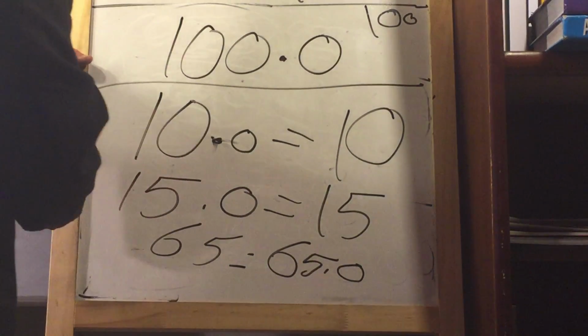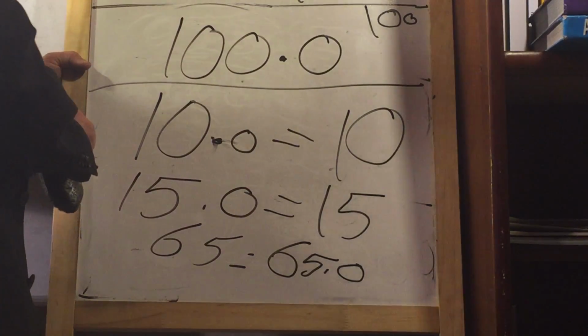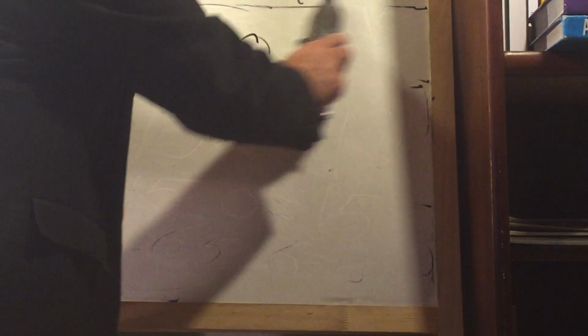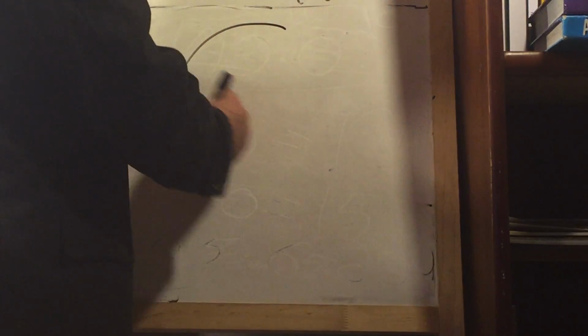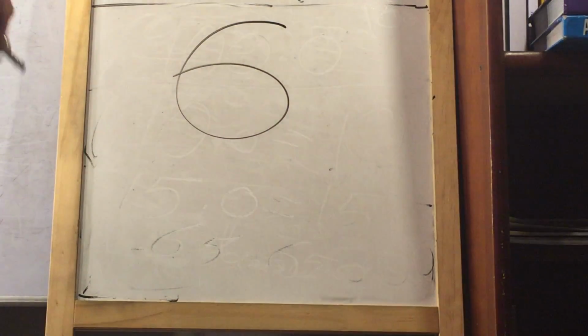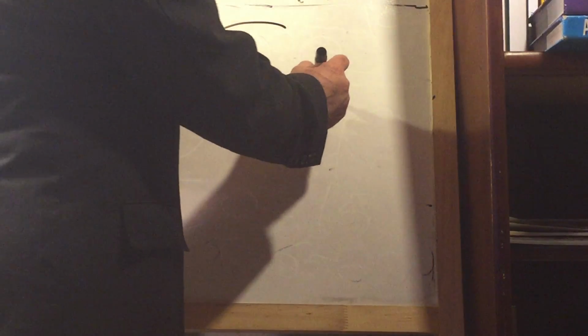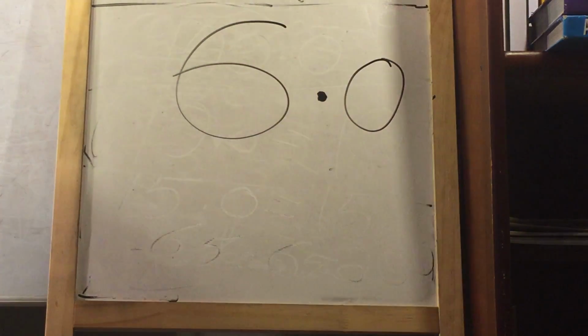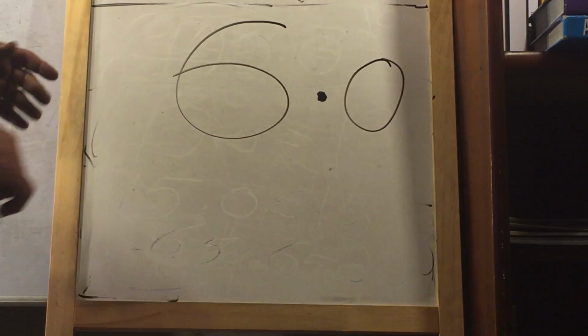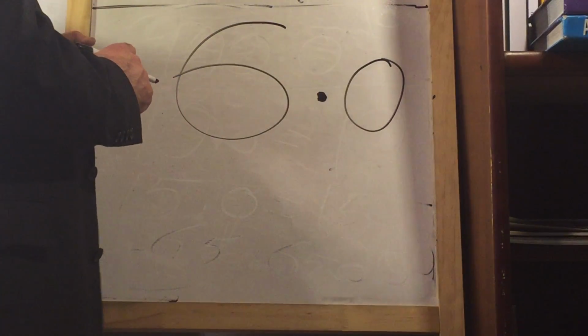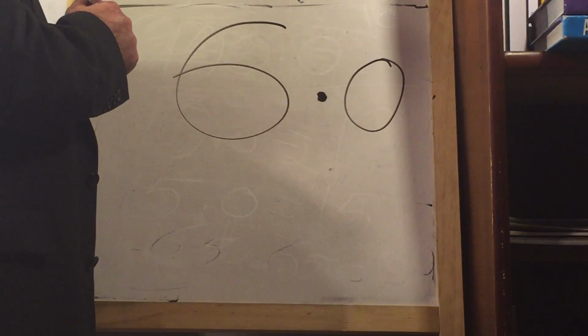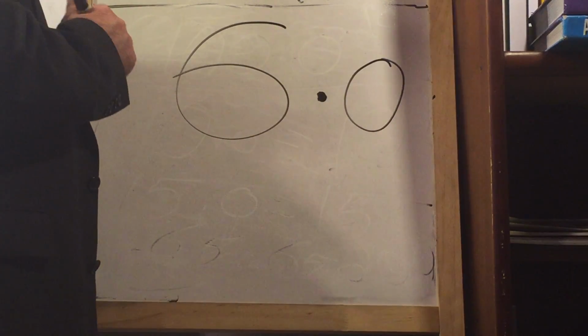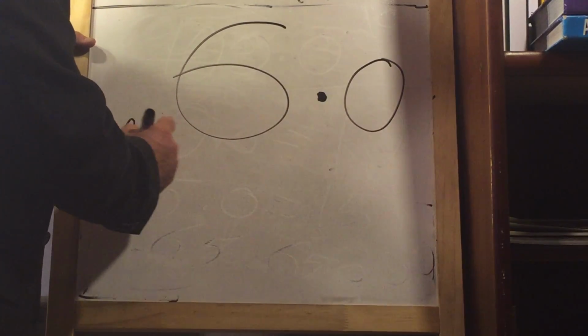So that's the first point. All right. Now, the second point I want to show you is if we have a number like say 6, and since the decimal point is here, like we were saying a minute ago, this is the same as 6.0. So the decimal point over here, you have to write this down.